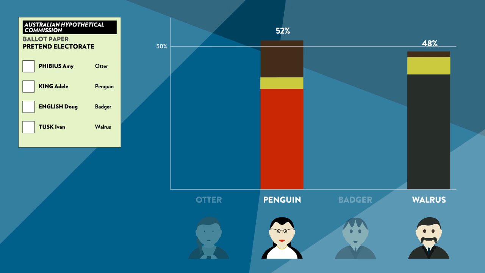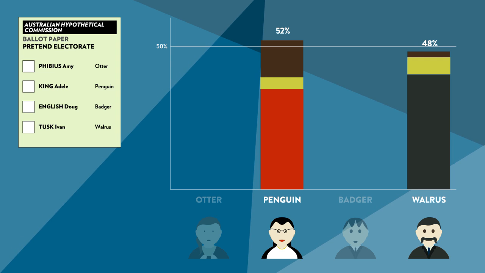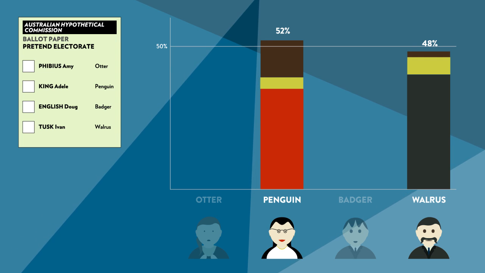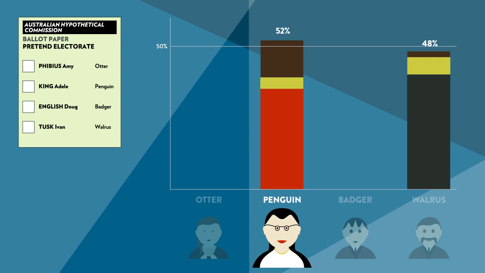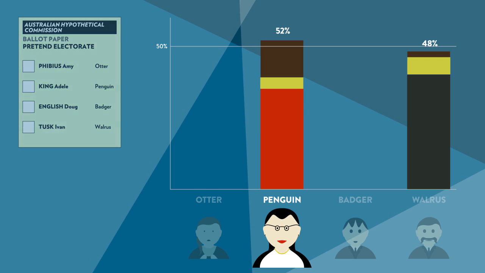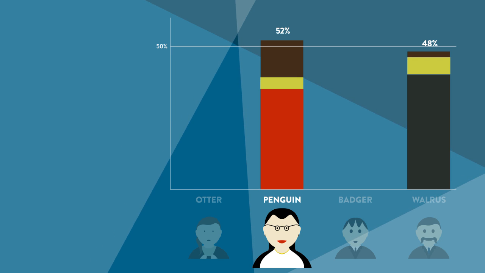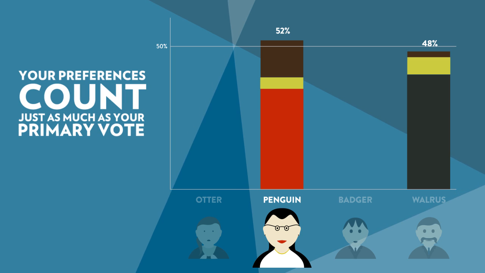These people probably don't like either of the remaining candidates much, but they'll also probably prefer one to the other, and they're still getting a say about which one of them wins. In our example, the Penguin Party wins, even though the Walruses got more primary votes. They won on preferences. As I said earlier, the preferences count for just as much as the primary votes. It's not half a vote or something, it's a full vote.